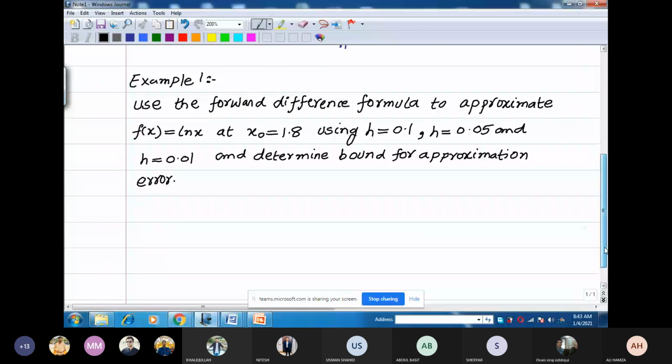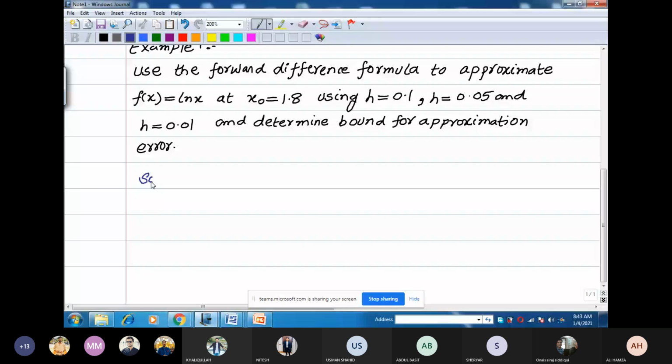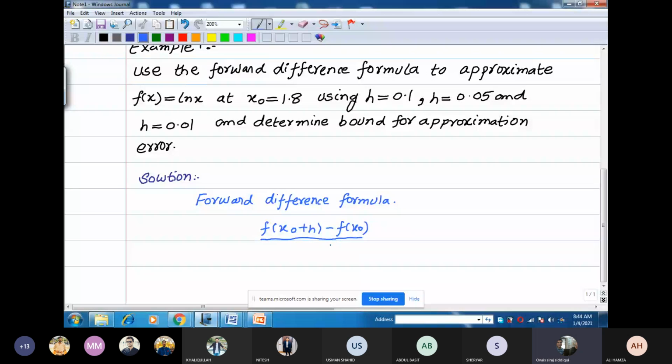Now, the forward difference formula will be f of x naught plus h minus f of x naught divided by h, and we know that here x naught is 1.8 and h is equal to 0.1.